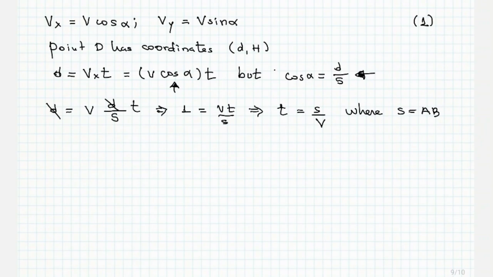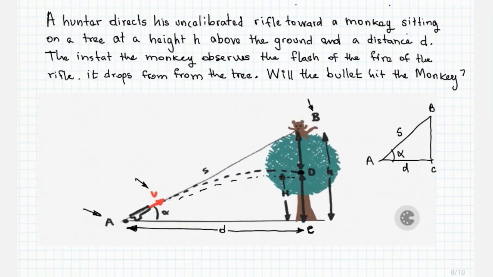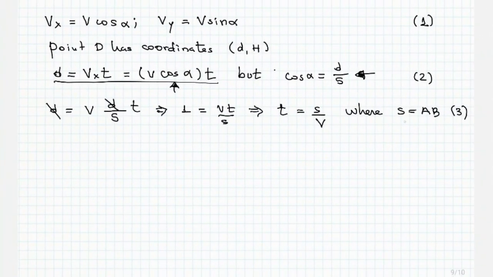I will call this equation number 3. I call this other equation number 2. I forgot this one. Okay, so if we go to the illustration, AB is equal to S. That's what I have right here.